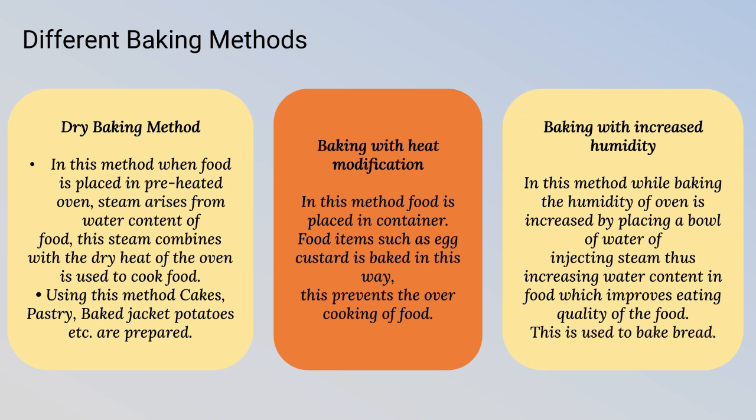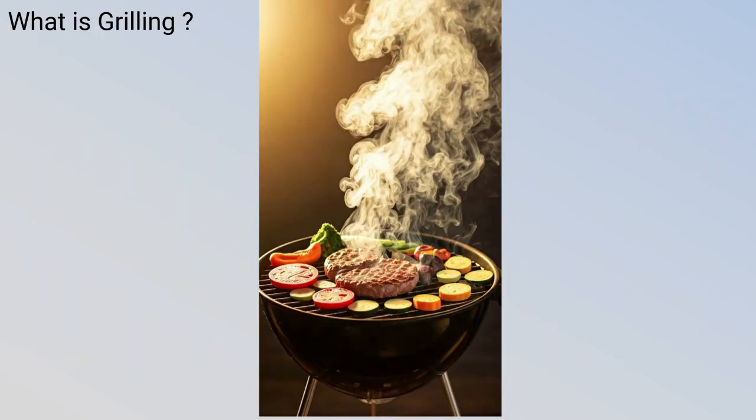Next, what is grilling? You can see in the image that the product is nicely placed on a griller and it is getting grilled, and this is what we are going to explain.